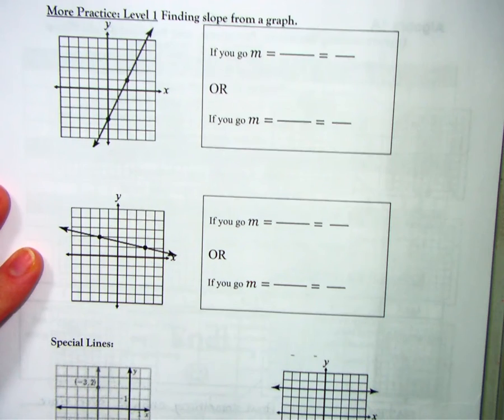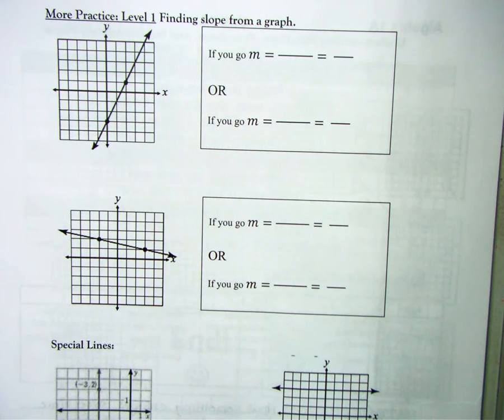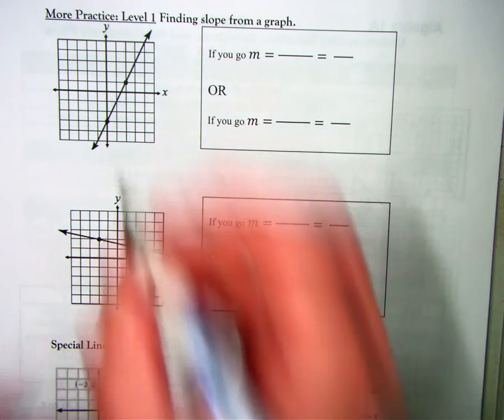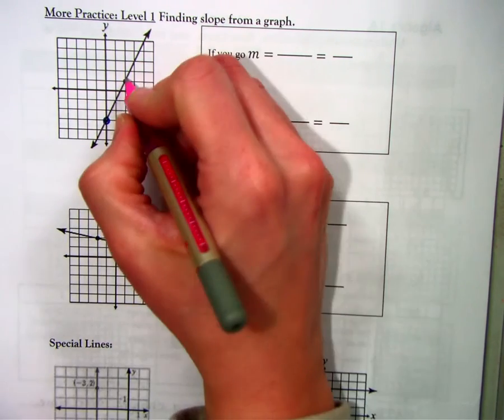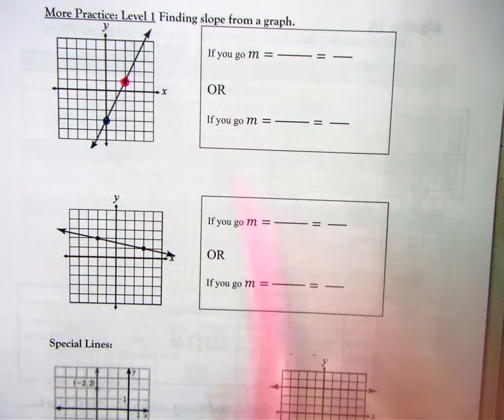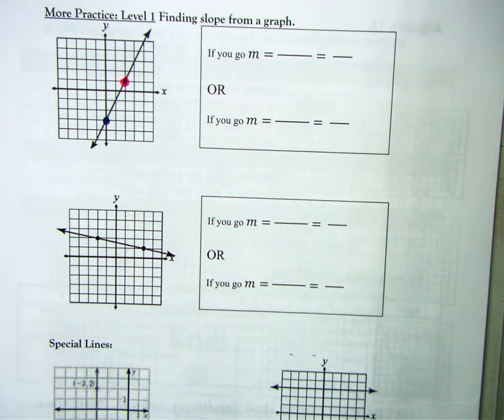Okay, so the question is, why can't I start with the other dot? The answer is you actually can start with the other dot. Okay, so I got 2 dots, right? I got a blue one and a pink one. So far we started with the blue, so let's start with the blue again.